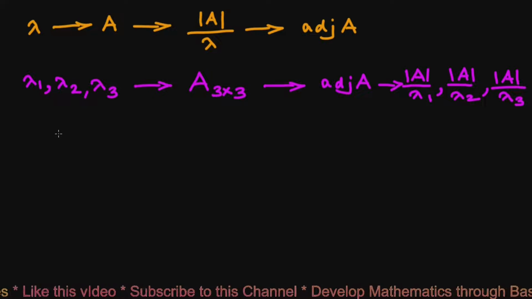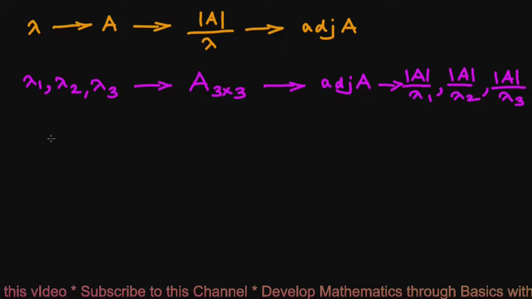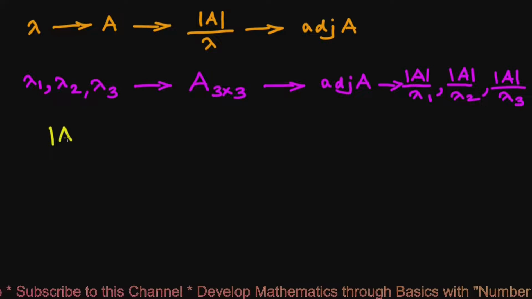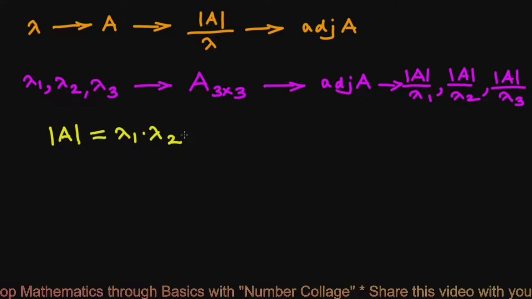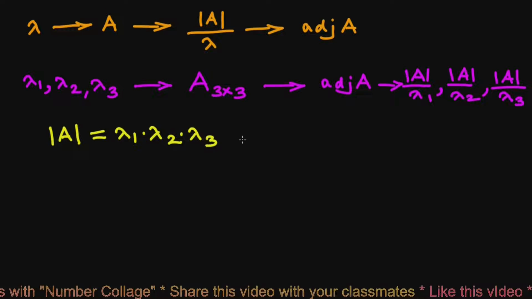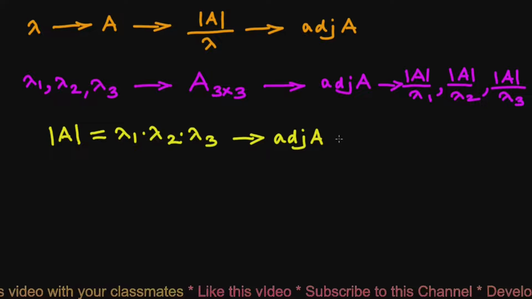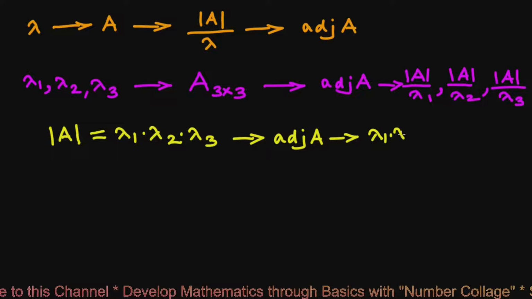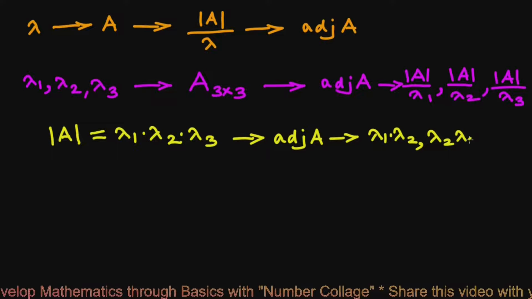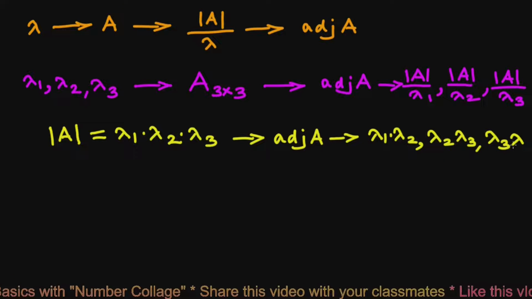And since we have seen in another property of eigenvalues, determinant of A equals lambda 1 into lambda 2 into lambda 3, it follows that the eigenvalues of adjoint of A are lambda 2 into lambda 3, lambda 3 into lambda 1, and lambda 1 into lambda 2.